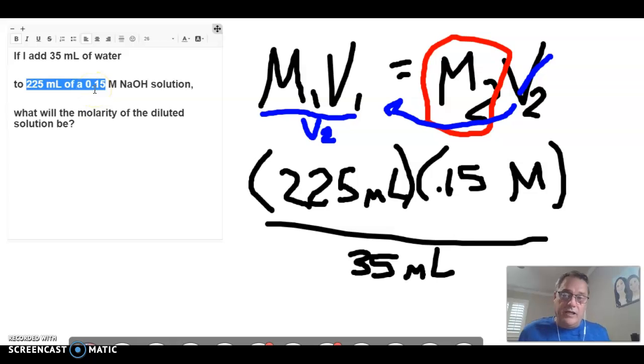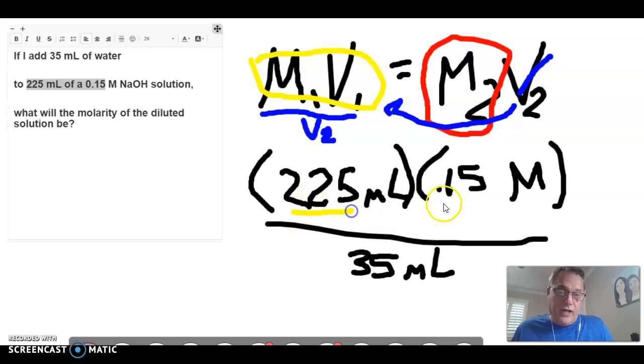I will always say the two characters that are close to each other, they're married. The married couple always goes on top. So this is our married couple, M1V1, 225 and 0.15. They go together on top. And the single guy, this 35, goes to the bottom.